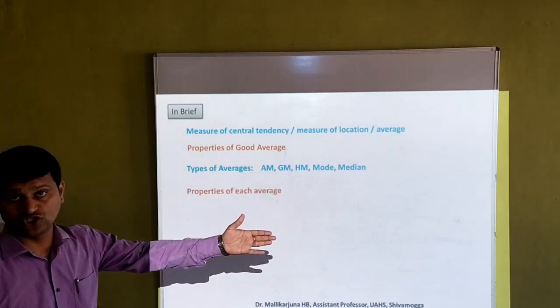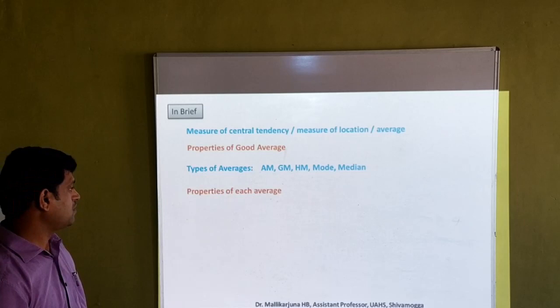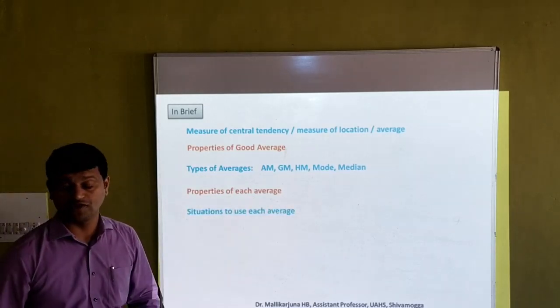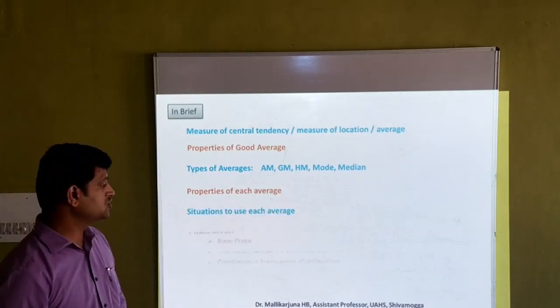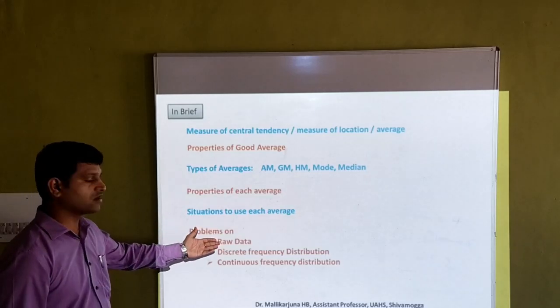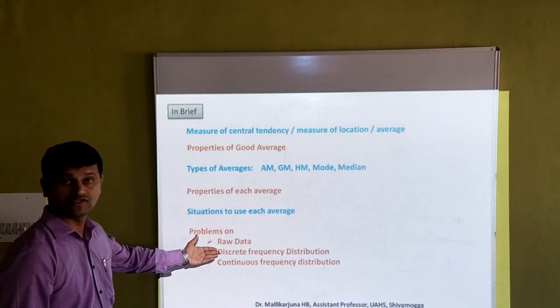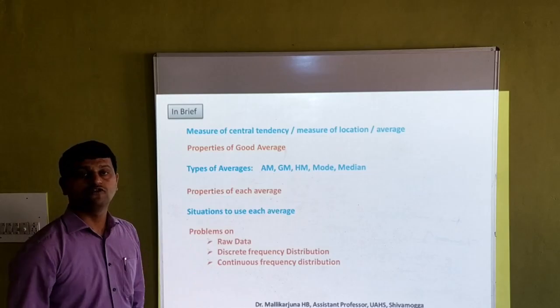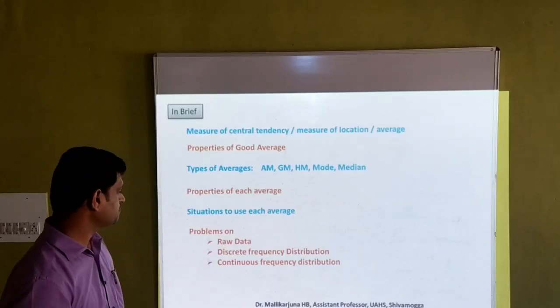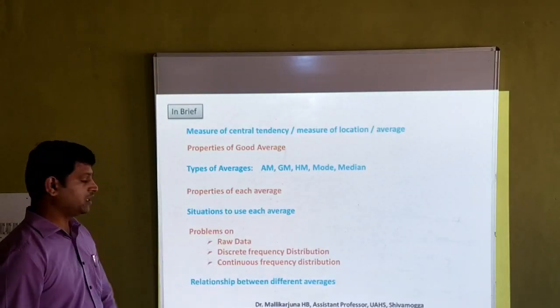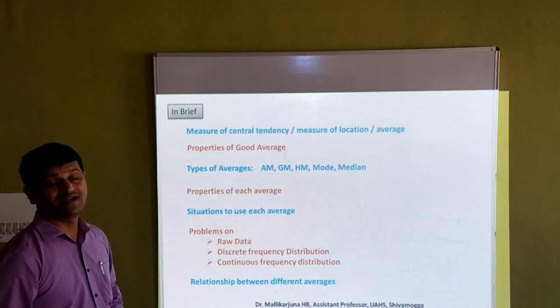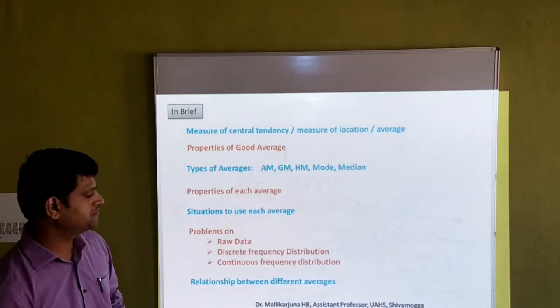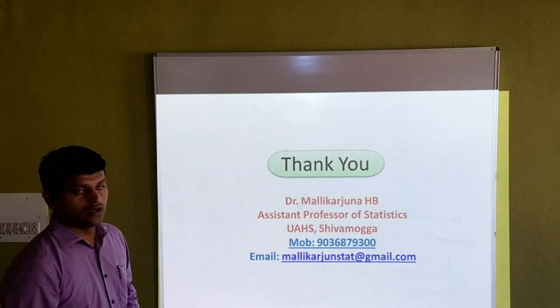And properties of each average I explained, and also situations to use each average, and also problems on raw data, discrete frequency distribution and continuous frequency distribution. At last, I explained the relationship between different averages. Okay, thank you.